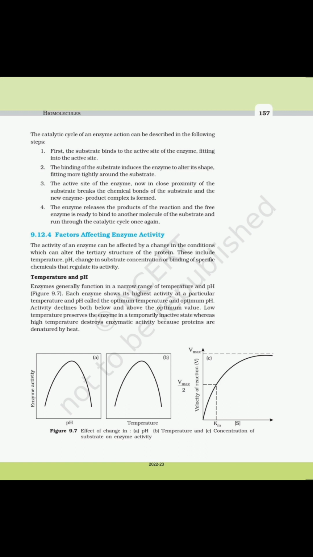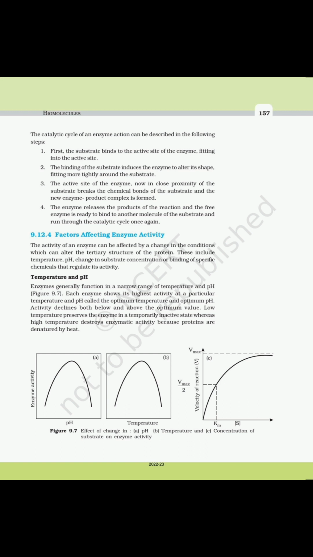9.12.4 Factors affecting enzyme activity. The activity of an enzyme can be affected by a change in the conditions, which can alter the tertiary structure of the protein. These include temperature, pH, change in substrate concentration or binding of specific chemicals that regulate its activity. Temperature and pH. Enzymes generally function in a narrow range of temperature and pH.